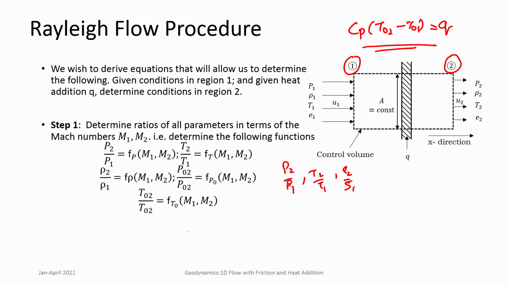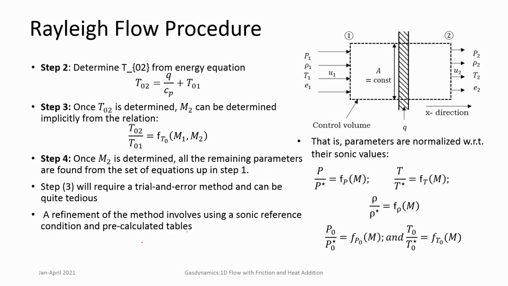So, T02 by T01 is what we wish to find, and T02 can be determined using this equation. Once you know T02, T02 by T01 can be determined. If M1 is known, M2 can be found. We will look at the equation soon, and we will find that solving them is quite a tedious task.